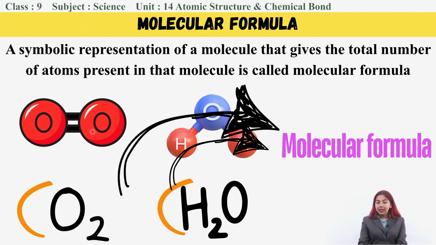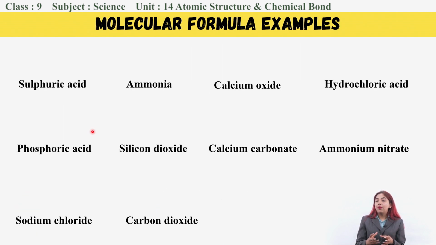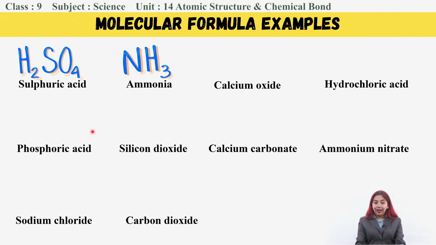Now let us study a few molecular formula examples. The molecular formula of sulfuric acid is H2SO4. Similarly, ammonia, NH3. It also shows that to form one molecule of sulfuric acid, you need 2 hydrogen atoms and a sulfate radical, and to form ammonia you need 1 nitrogen atom and 3 hydrogen atoms.